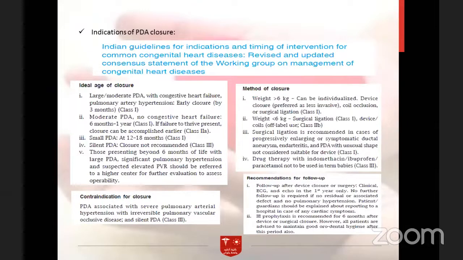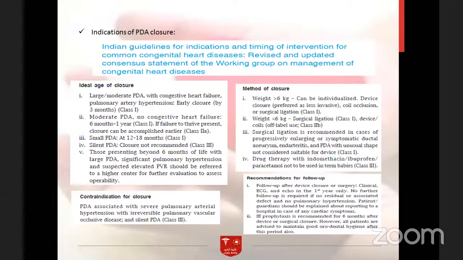In babies weighing more than 6 kg, the decision could be individualized according to the size of the PDA, the size of the ampulla, the size of the aortic isthmus, the weight and body surface area of the baby. The drug therapy with indomethacin, ibuprofen, and paracetamol are not for term babies, it's only for preterm babies.